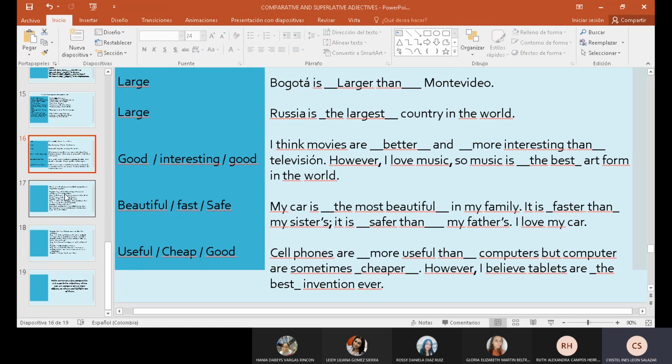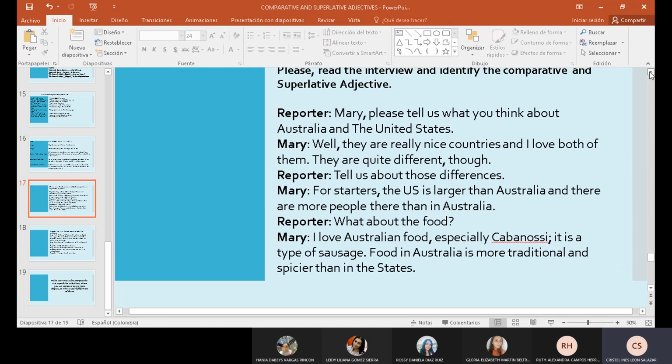Now we are going to read that text, that interview, and we are going to identify the comparative and superlative adjectives. In that text we are going to find the adjectives in use for comparatives and superlatives. Read this interview because I want to listen to your pronunciation.